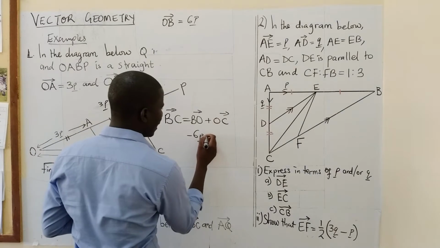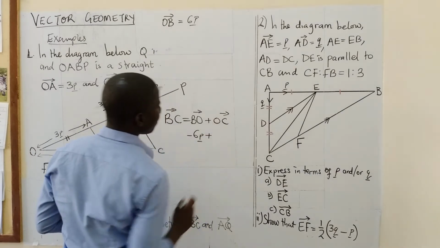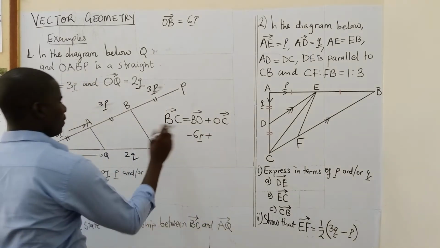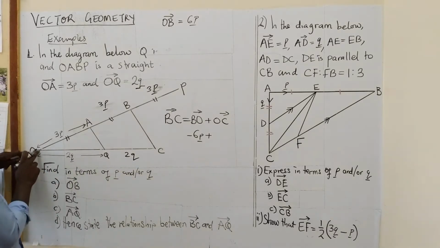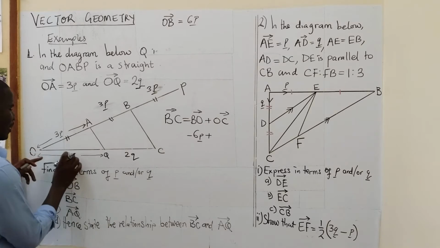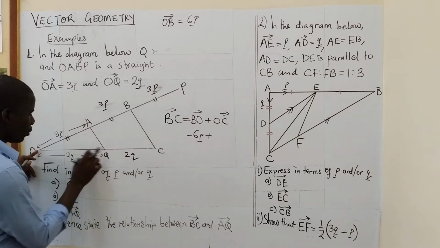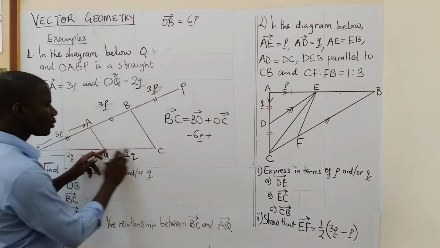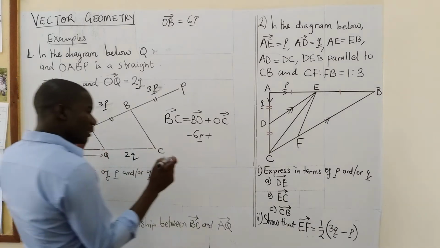Plus OC. What is our OC now? Our OC is from this point up to this one. We know that from O up to Q it is 2Q, and also this point is 2Q. So this is going to give us what?